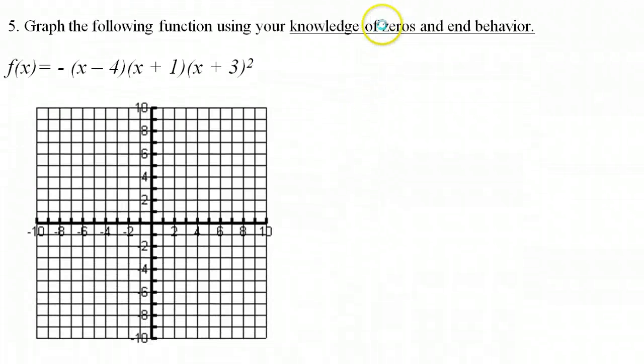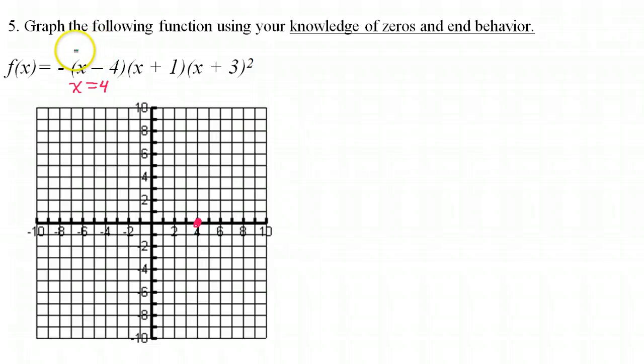Number 5. Alright, so this is kind of the opposite. We're given an equation and we're supposed to make a possible graph. Well, here we go. X minus 4 lets me know that we have a 0 at x equals positive 4. So here's my 0.